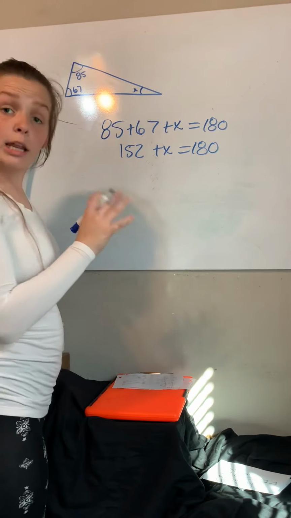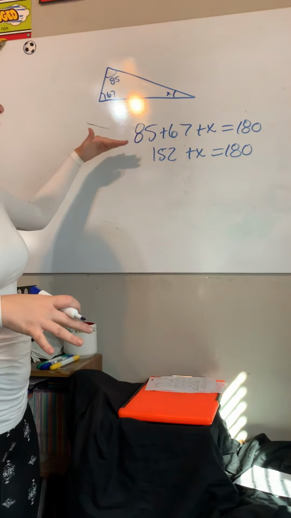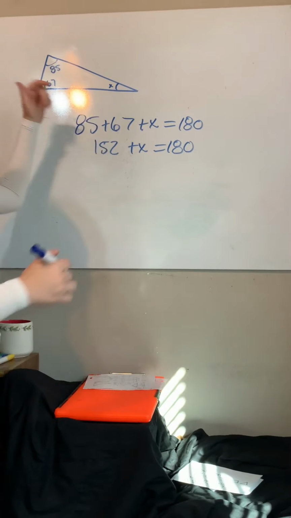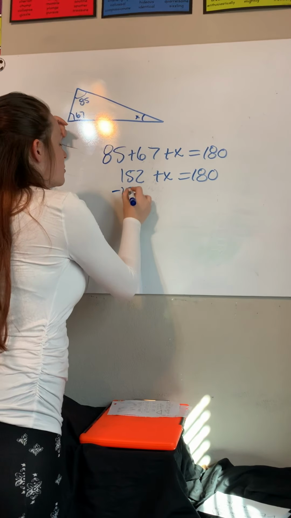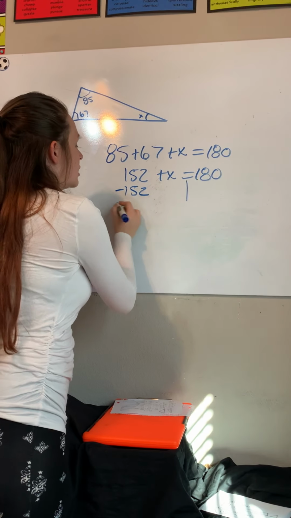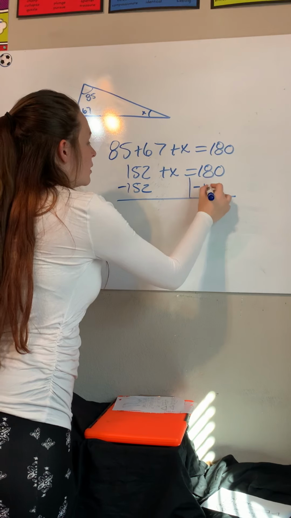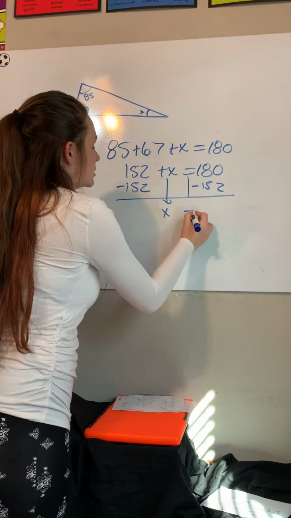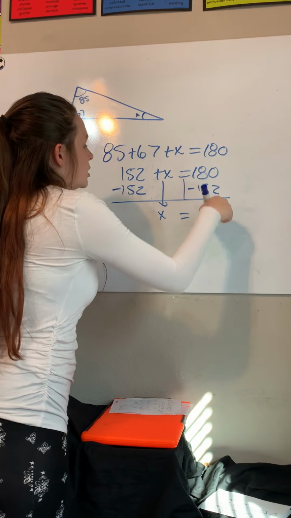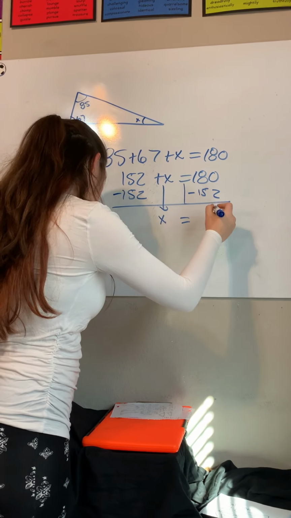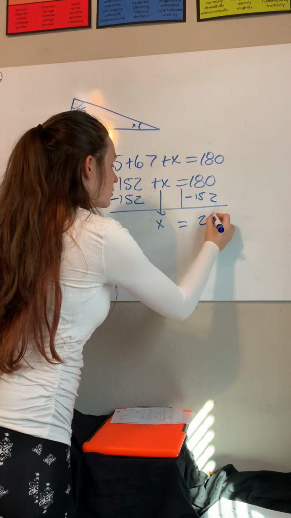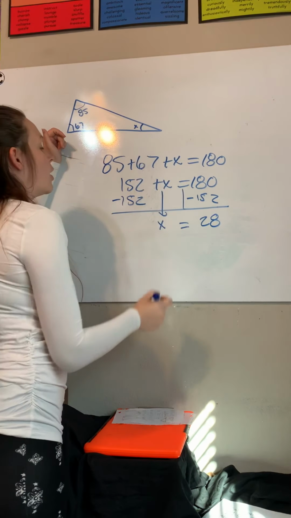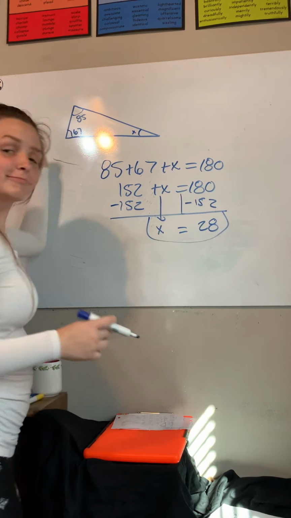Next we're going to subtract 152 from 180, so let's subtract it from both sides. Drop down the X. X equals 28. And that is what our little angle right there is.